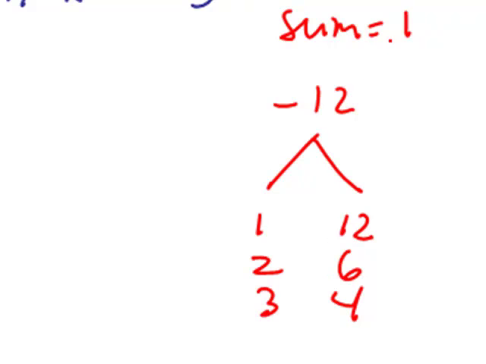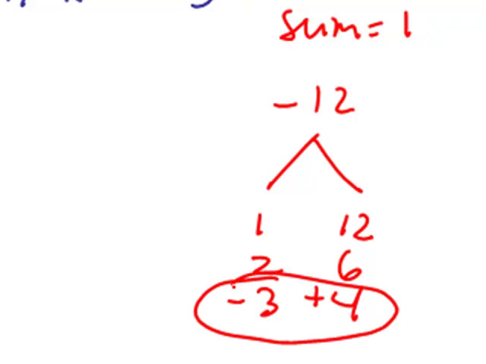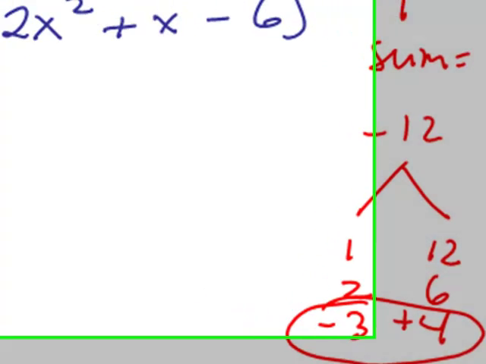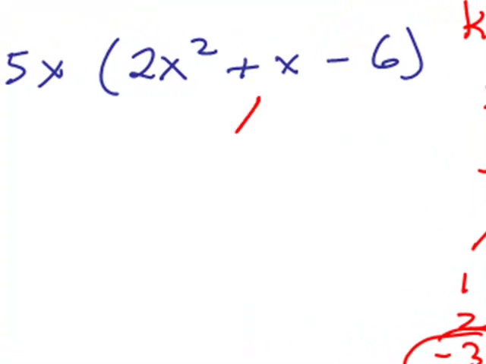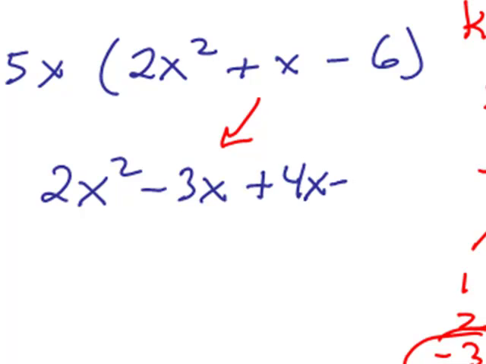To get a positive 1, the signs will be different, we need a positive 4, negative 3. Good. Now working just with the 2x squared plus x minus 6 for the time being, it is 2x squared minus 3x plus 4x minus 6.